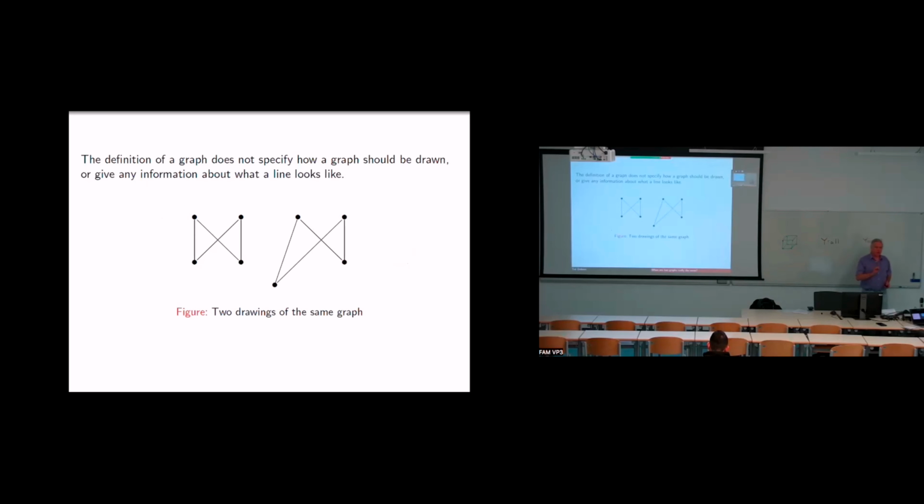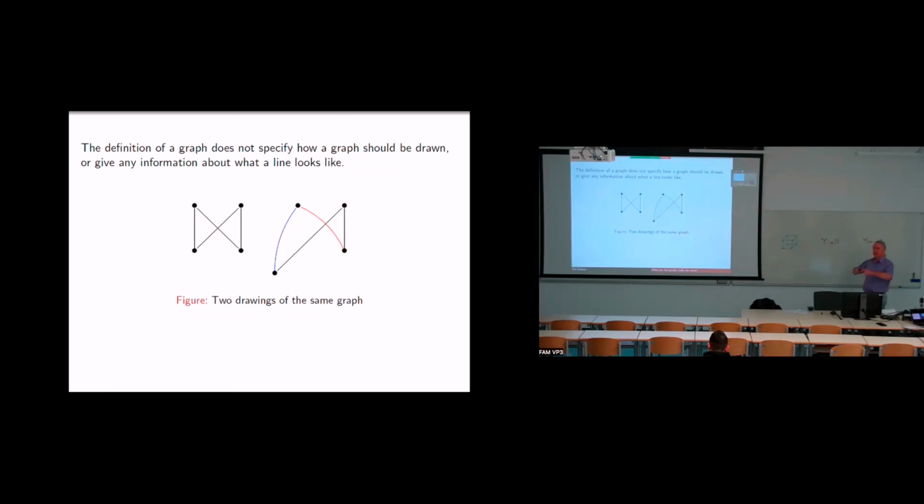The definition, as I've mentioned, of a graph does not specify how a graph should be drawn or any information about what a line looks like. So here, what I've got for you is 2, in some sense, identical drawings of the same graph. And all I did going from this one to this one, of course, was just take this corner vertex and pull it down to the left, just to illustrate that, okay, it doesn't matter how I draw it.